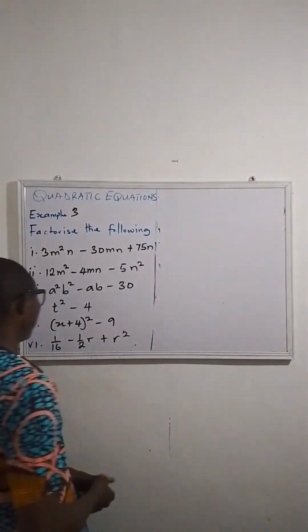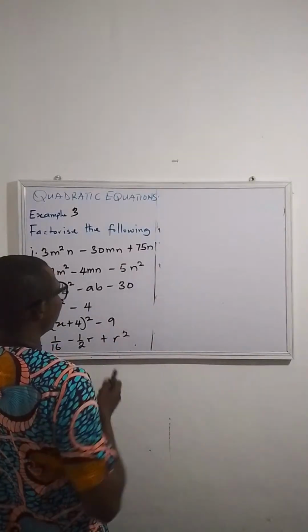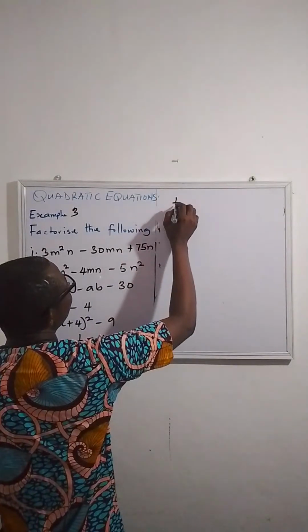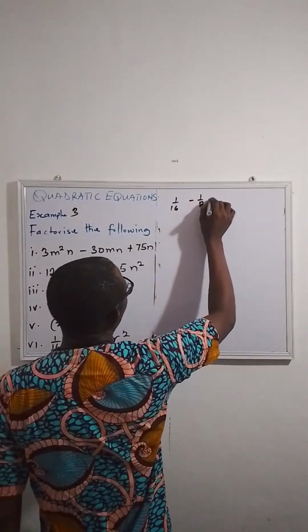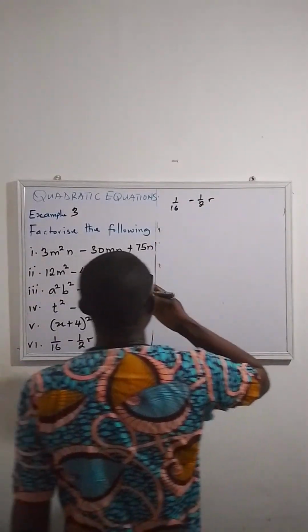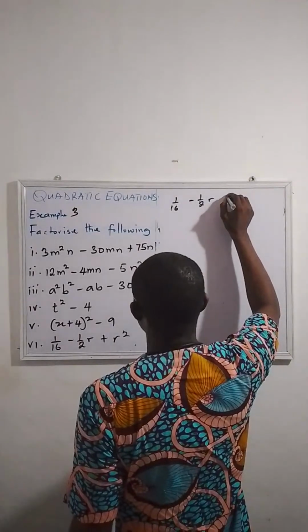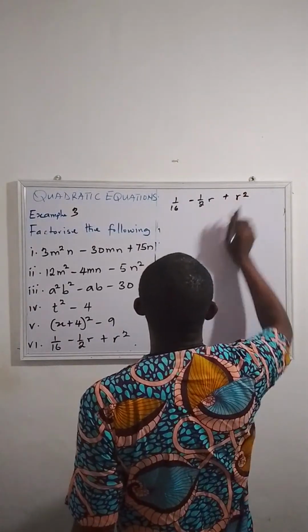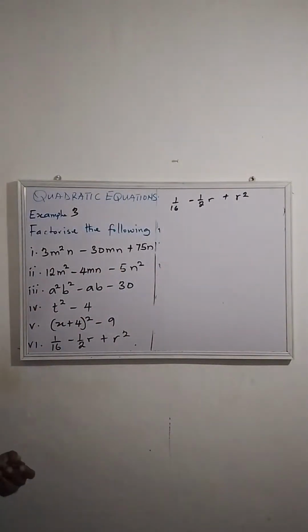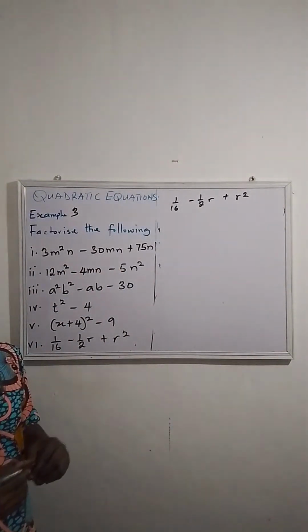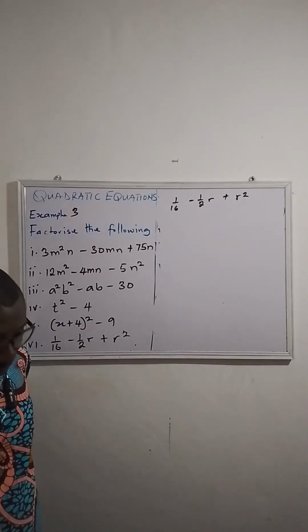So we have 16 minus 1 over 2r plus r squared. Okay, look at this question. I'm very sure this question looks scary and it looks as if it's hard.